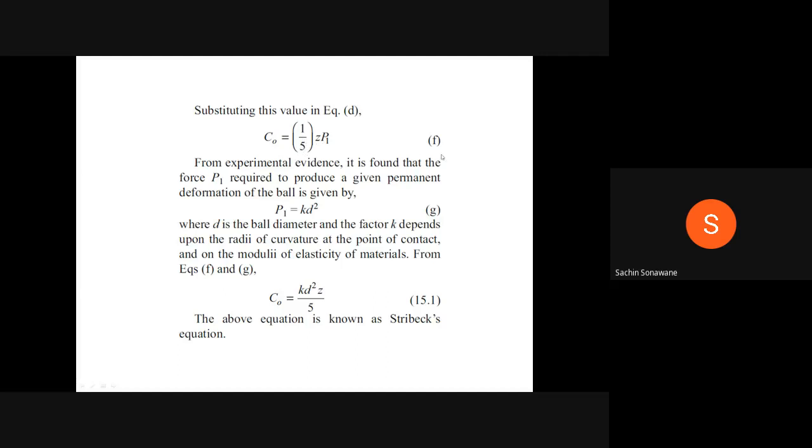Equation F. From experimental evidence, it is found that the force P1 required to produce a given permanent deformation of the ball is given by P1 is equal to K D squared, equation G, where D is the ball diameter and factor K depends upon the radius of curvature at the point of contact and on the moduli of elasticity of the materials. From equations F and G, CO is equal to K D squared Z divided by 5. The above equation is known as Strybeck's equation.